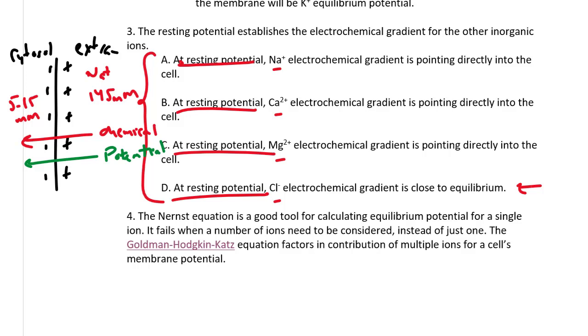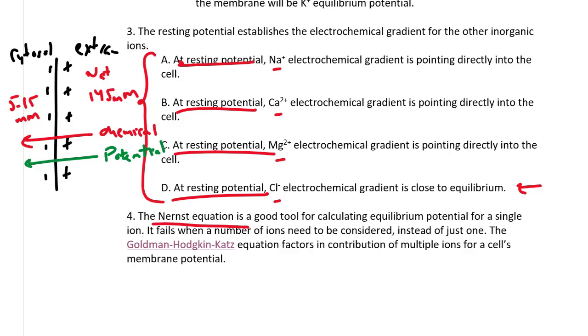You can do that with the other ones too. For potassium, the chemical gradient is pointing out while the potential gradient is pointing in. For Cl-, the potential gradient is actually pointing out where the concentration gradient is pointing in. Calcium, etc. I always recommend start drawing things out to be able to see them instead of trying to memorize words.